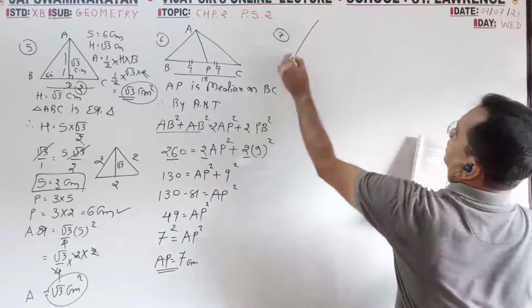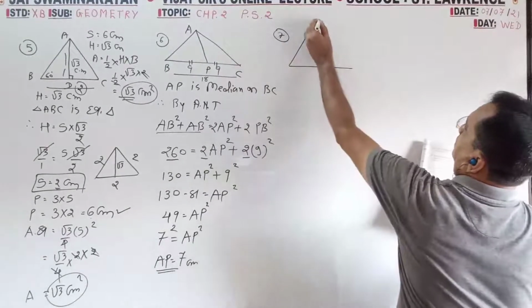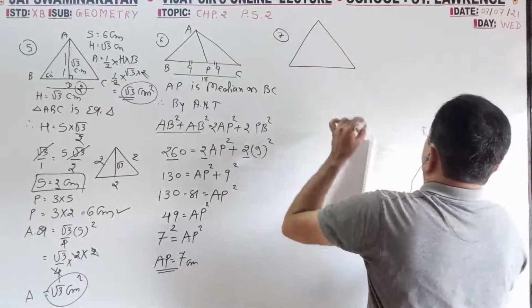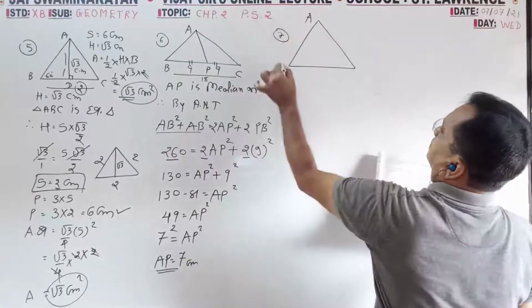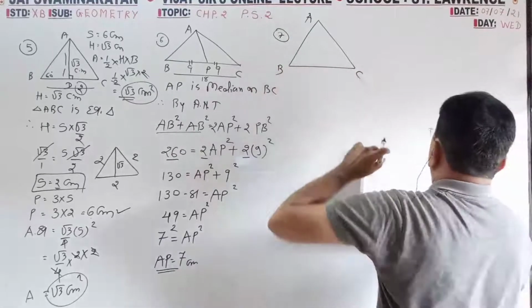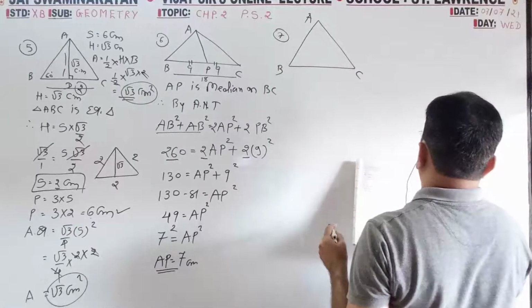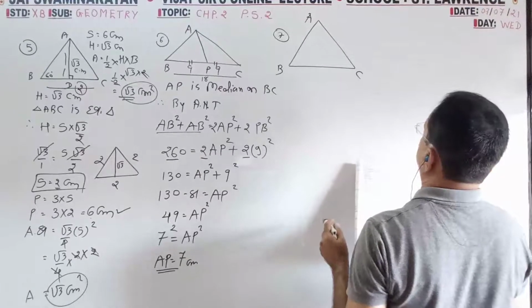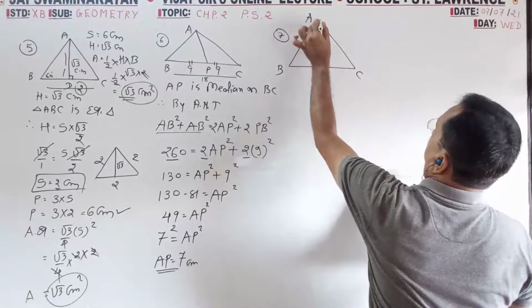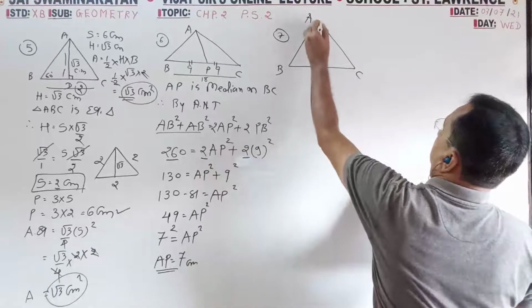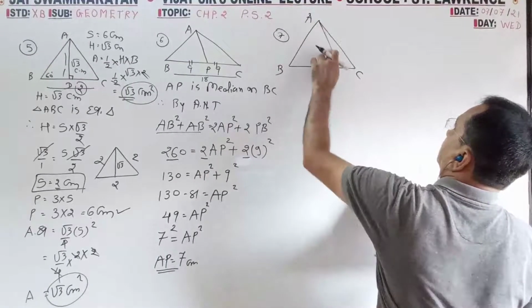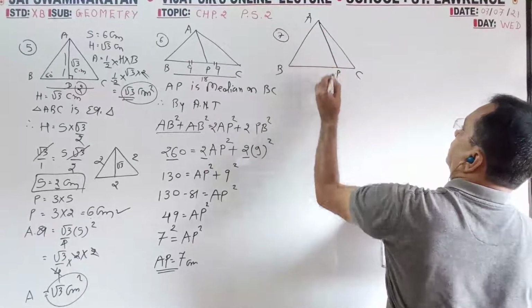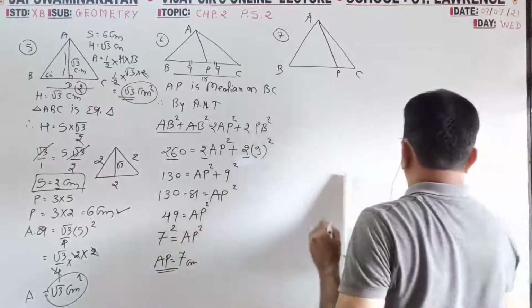Equilateral triangle, again it is given. ABC. PC is 1/3 of BC. So that is 1/3.